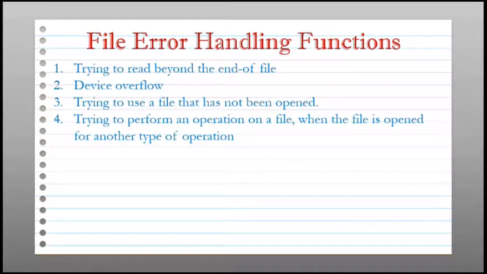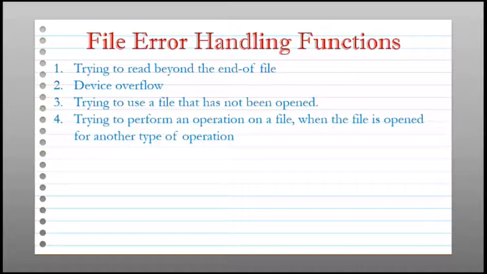The next one is trying to perform an operation on a file when the file is open for another type of operation. Suppose we are opening a particular file in read mode.